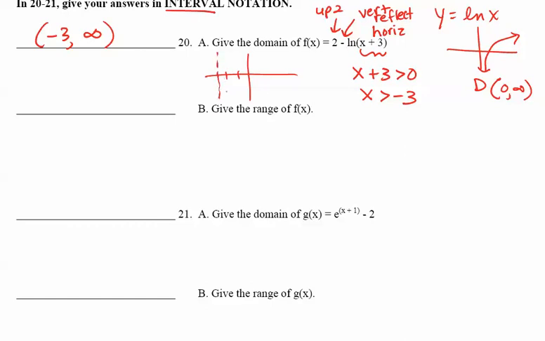The vertical flip, the graph used to look like this, so the vertical flip goes like this. And then adding 2 units to it takes our key point from (-2, 0) up to (-2, +2). But our graph still is eventually going to cross the axes and go forever here. So this is basically the shape of our graph. So the range of the graph here should be all real numbers.